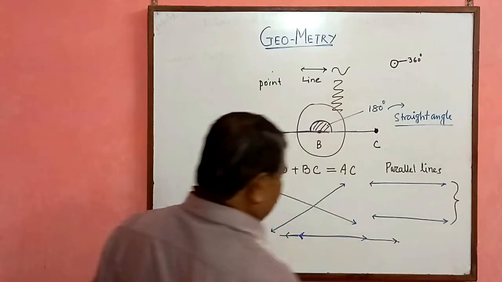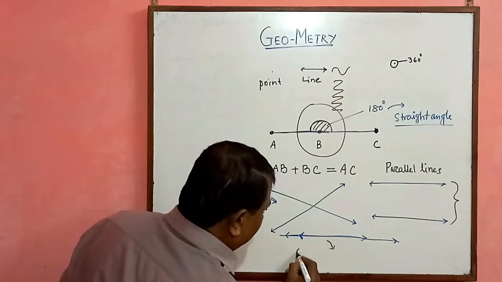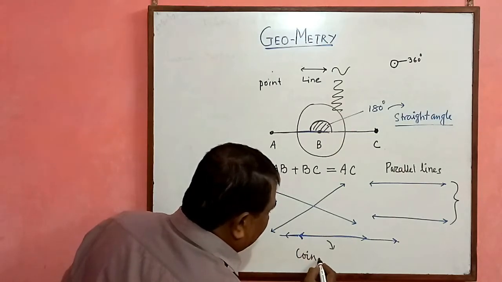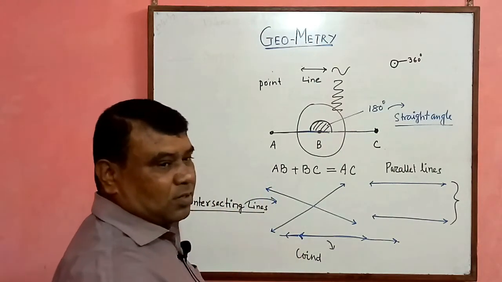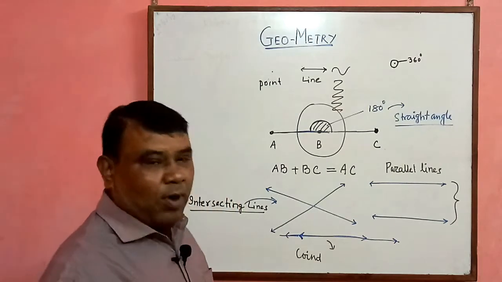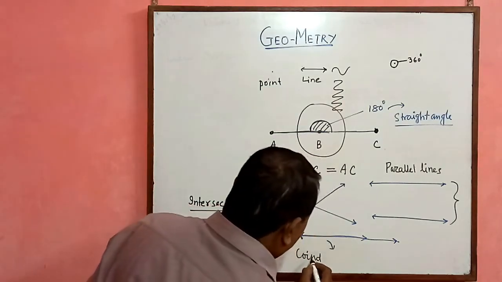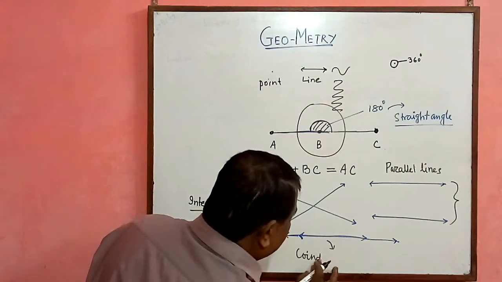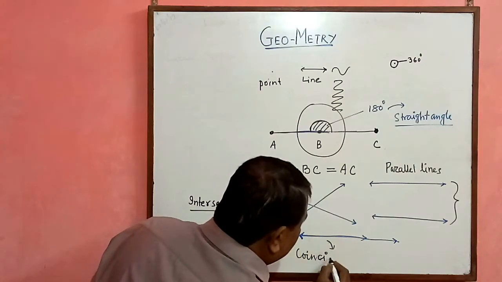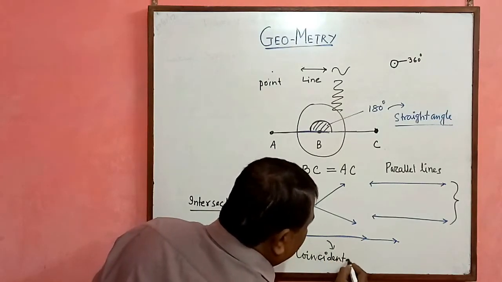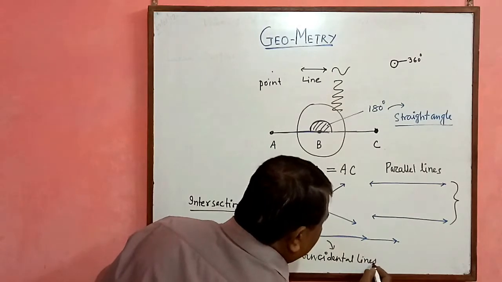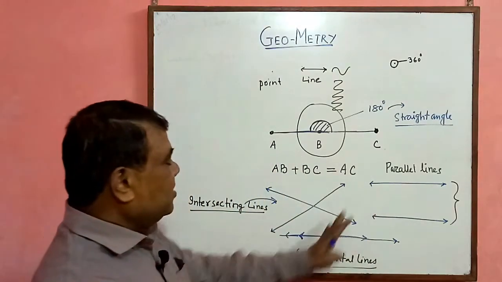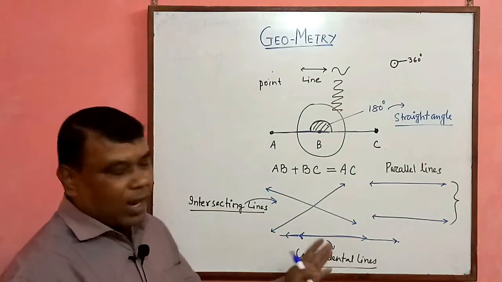And this is coincidental line. Both the lines are passing through the same points. Coincidental lines. This way, these are the three conditions of two lines.